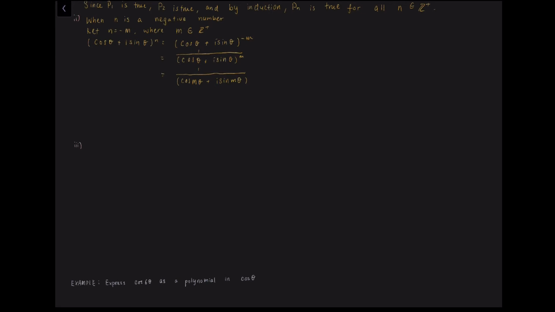So now we want to rationalize the denominator. So we multiply the numerator by cos m theta minus i sin m theta, and we multiply the denominator by it as well.